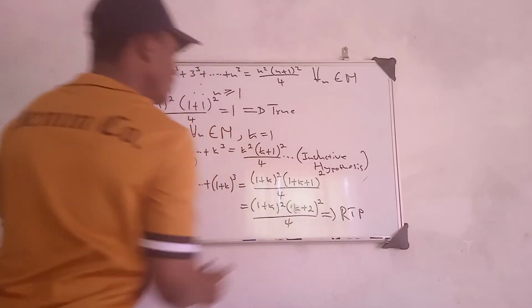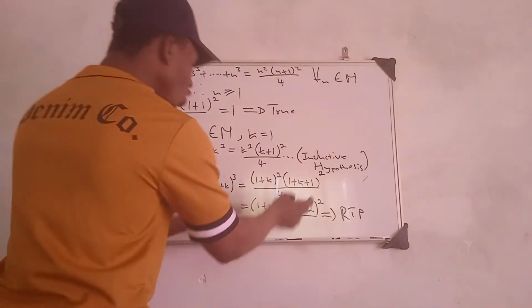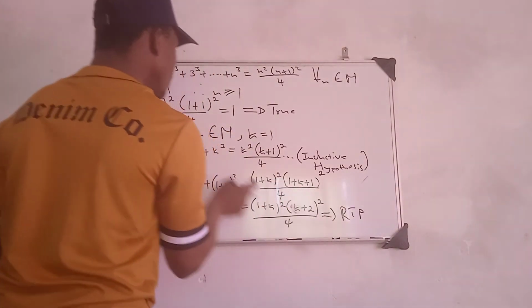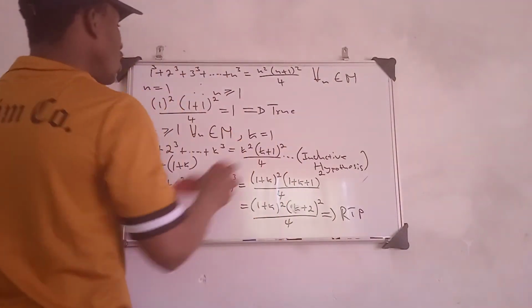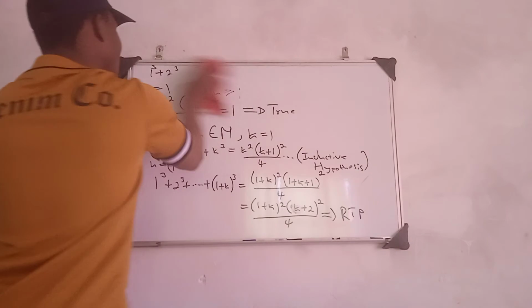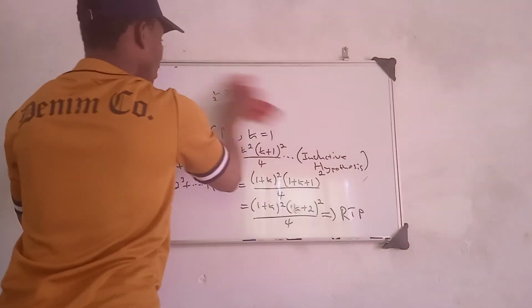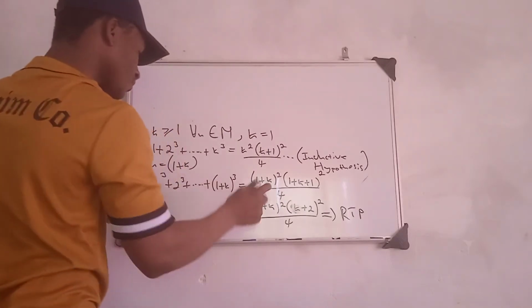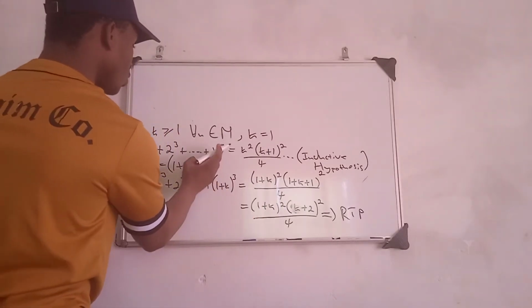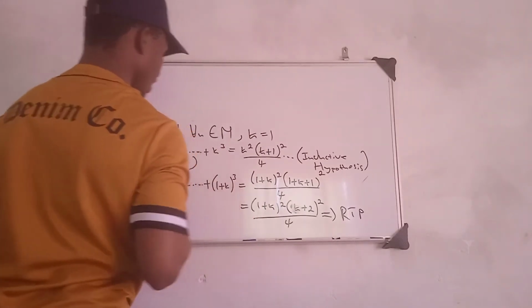RTP means required to prove. But how do I prove this? I prove this using my inductive hypothesis. So we are still going to do what we did last time. We said that this side is equal to this side added with this term.